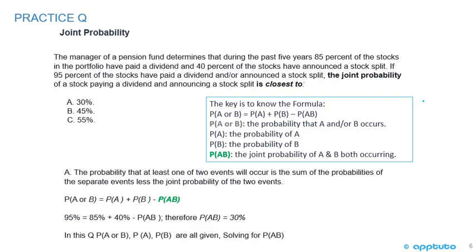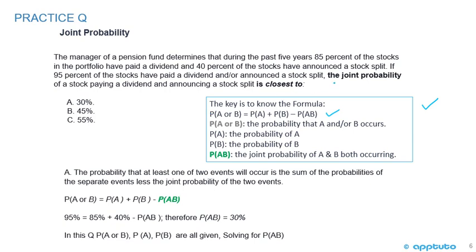I think you'll find now that by following the steps, these questions are becoming a lot easier. So once again, the key is to know the formula. The probability of A or B, so that's the probability that A and or B occurs, equals the probability of A plus the probability of B minus the joint probability of A and B both occurring.